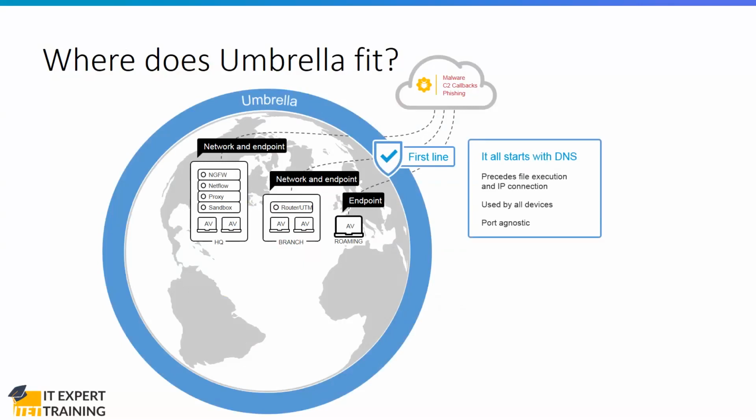So there are many ways you can do security. But how Umbrella uses DNS, you can define as the first line of defense. Umbrella can be the first layer of defense against threats by preventing devices from connecting to malicious or likely malicious sites in the first place.